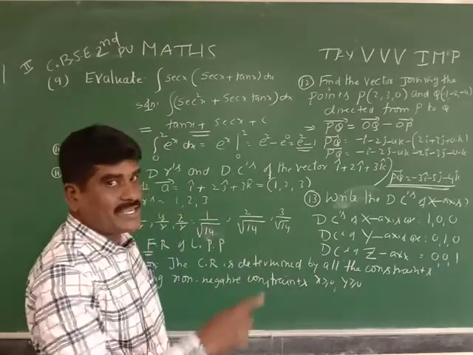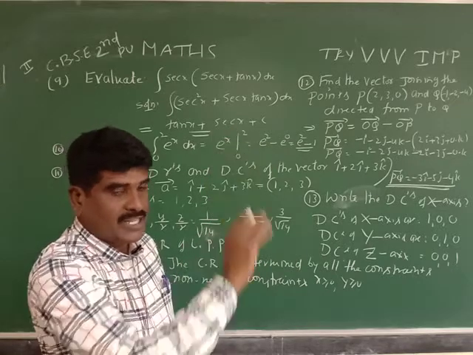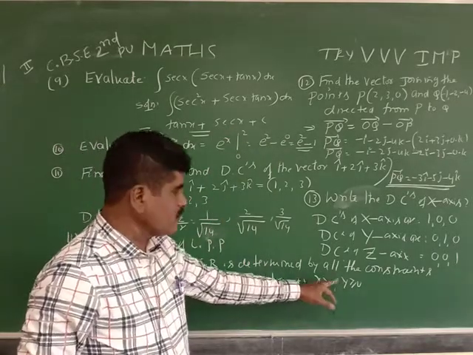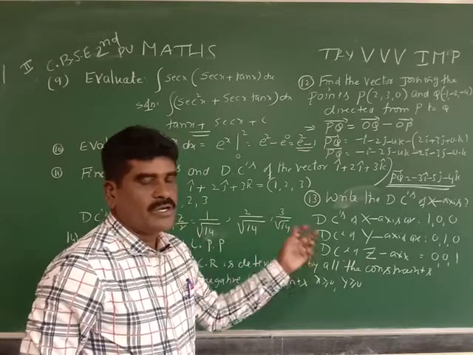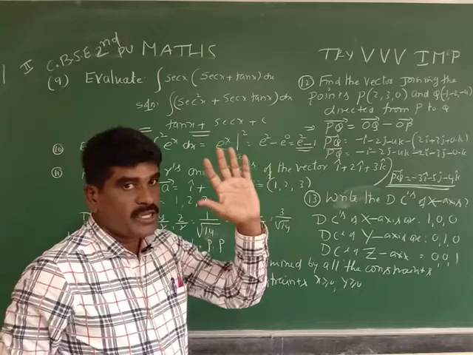What does it indicate? When we solve an LPP problem we shade the region, and it must be in the first quadrant. These inequalities x greater than or equal to 0, y greater than or equal to 0 indicate the LPP shading region is in the first quadrant.